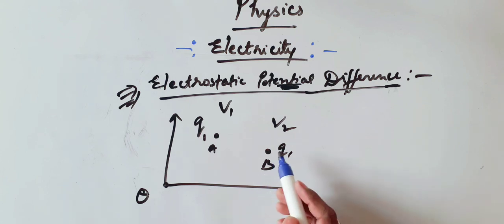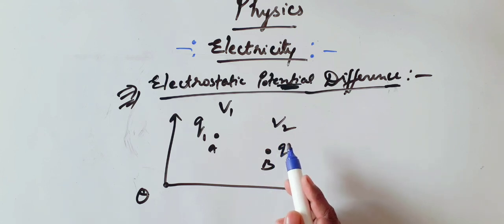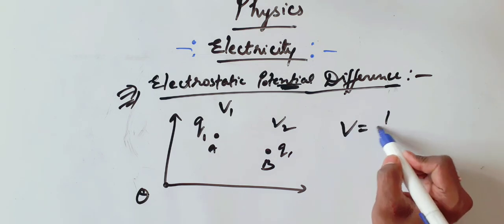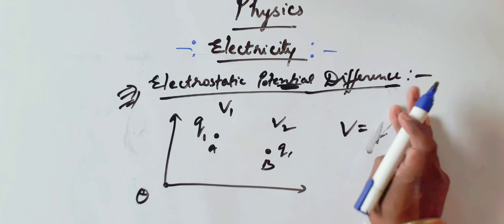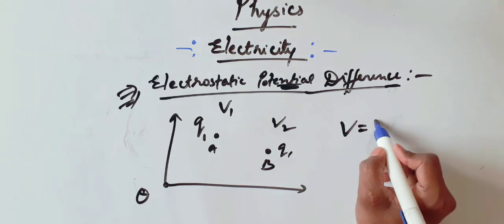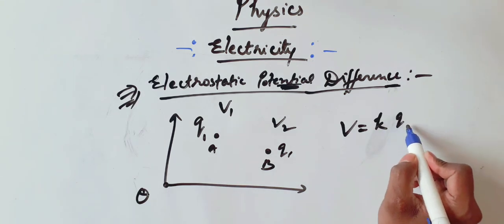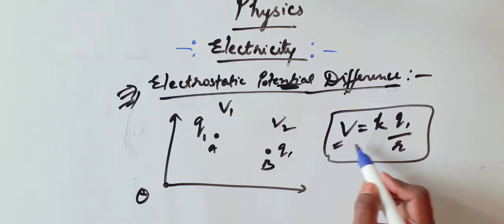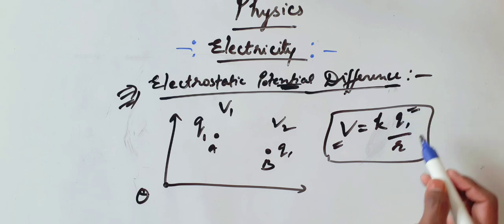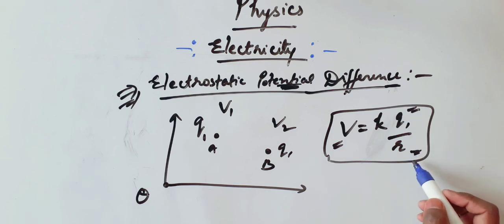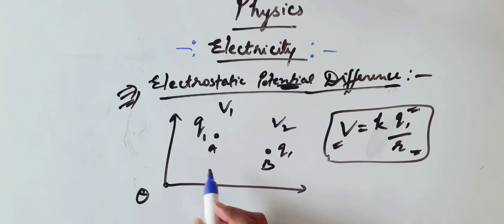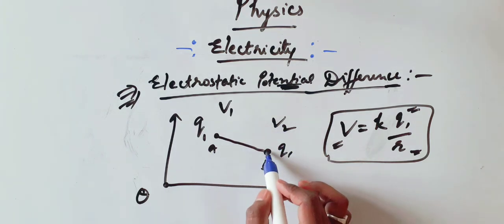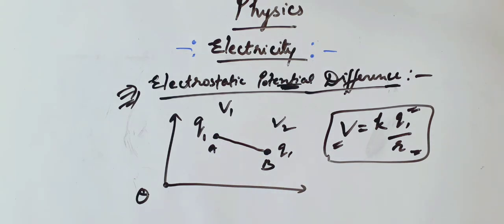Okay, because our potential depends on distance also, because V is equals to 1 upon 4 pi epsilon, or simply you can write K Q1 by R. So this potential is directly proportional to the charge but inversely proportional to the distance. So you can say that the difference between the potentials at these 2 points is known as potential difference.